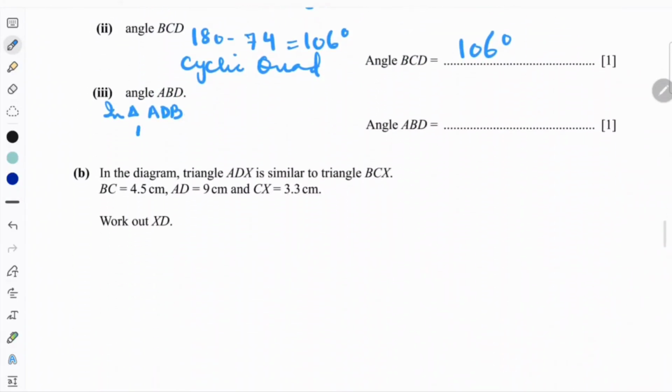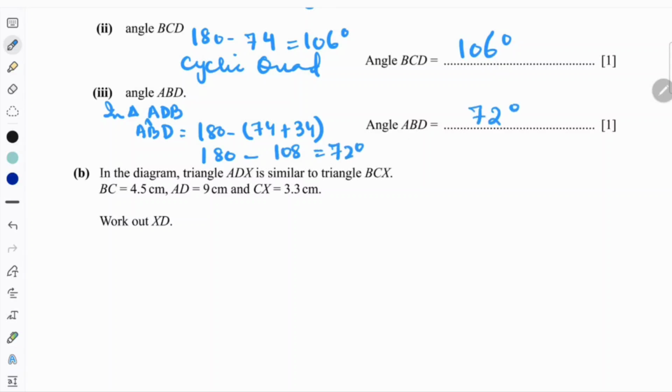So ABD is equal to 180 minus (74 plus 34). 74 and 34 is 108, so it equals 72 degrees. So this is 72 degrees. Triangle sum is equal to 180 degrees.